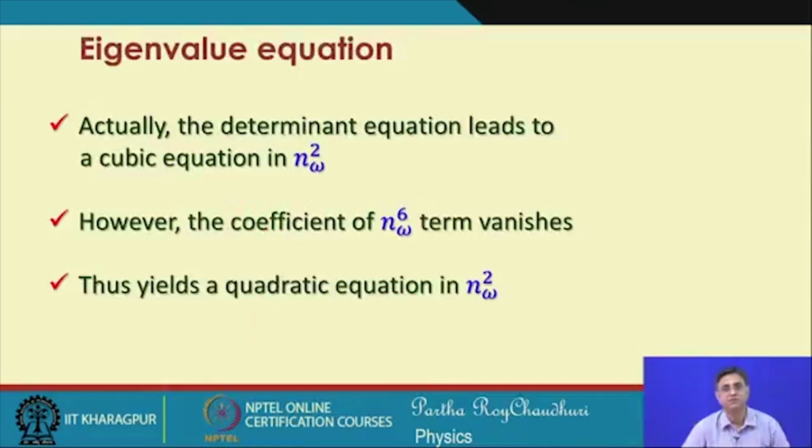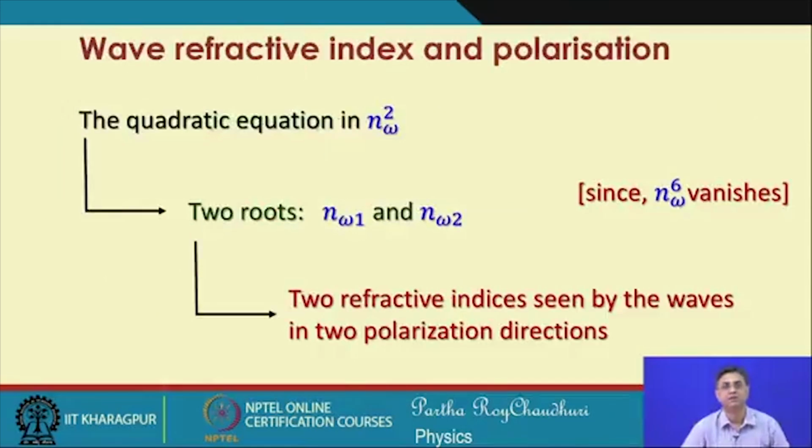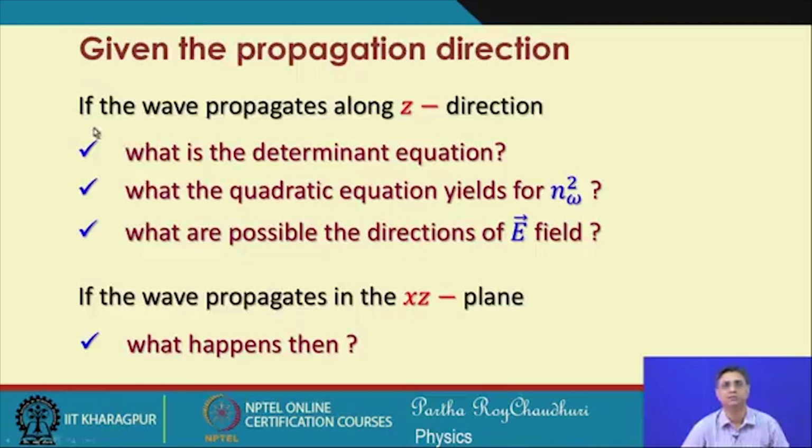So, if I specify the direction of propagation of the wave in the medium, for example, the simplest case, when the electromagnetic wave propagates along the z direction, then there will be two n omega values which will correspond to the two mutually orthogonal axes, that is x and y.